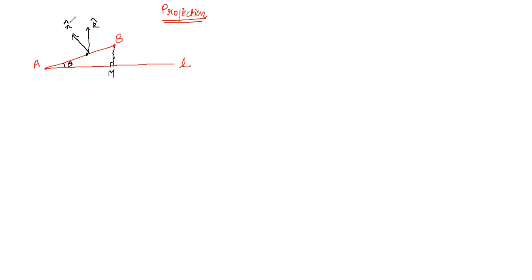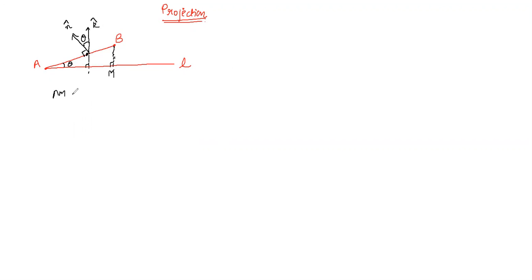Say this is the n vector. So this will be perpendicular here, and this is the normal to this surface. So this will of course be 90 degrees. So we can calculate that this angle will be equal to theta here.